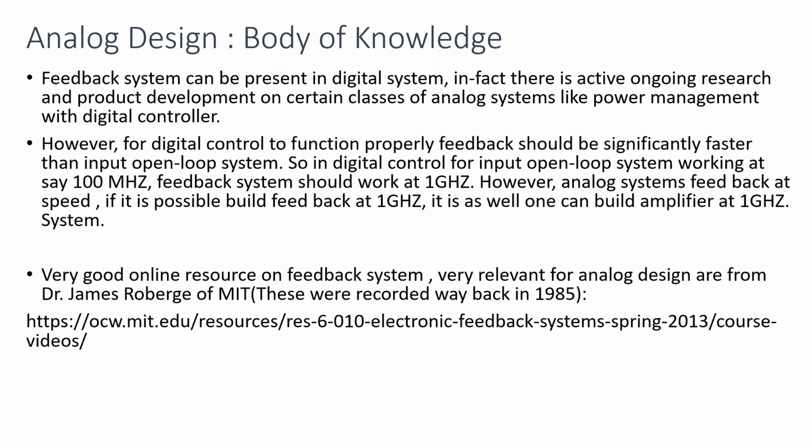However, in an analog system, the feedback works at speed. So if you can build a feedback at 1 gigahertz, you might as well build an amplifier of 1 gigahertz, because surely you can find an application for 1 gigahertz.